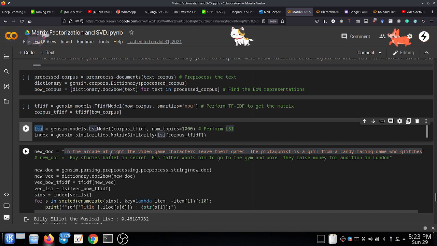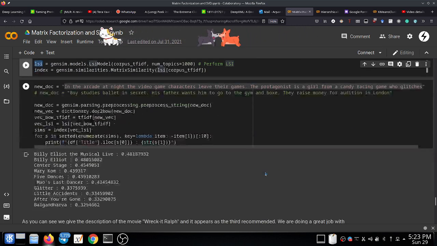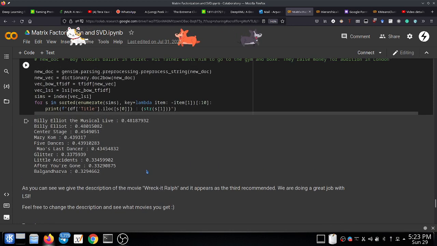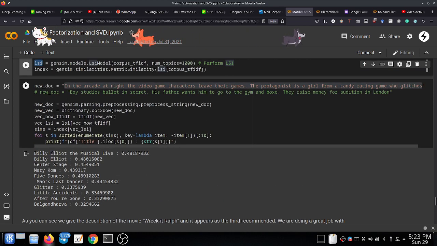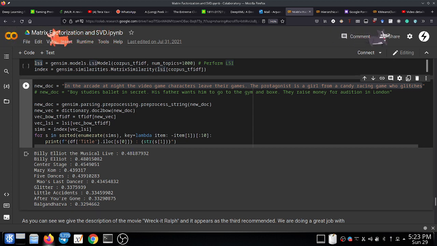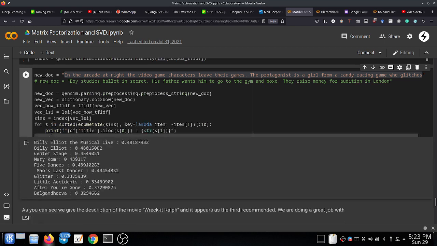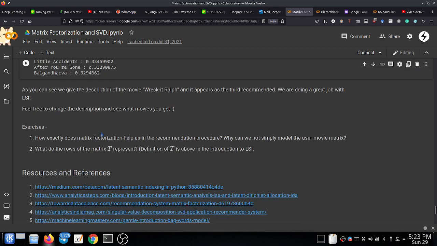So this is the idea. This is the summary for one of the examples, and we will see the score for how close each of these movies is to the summary.